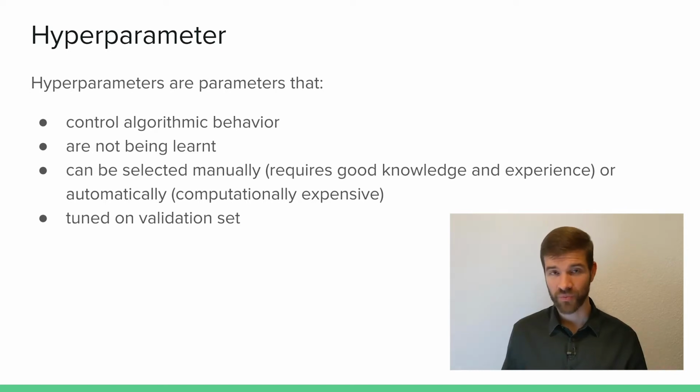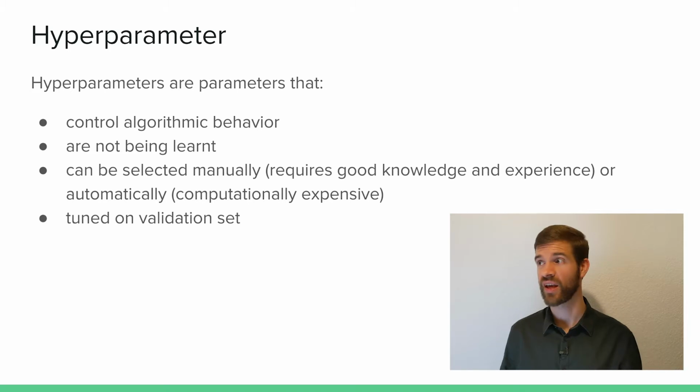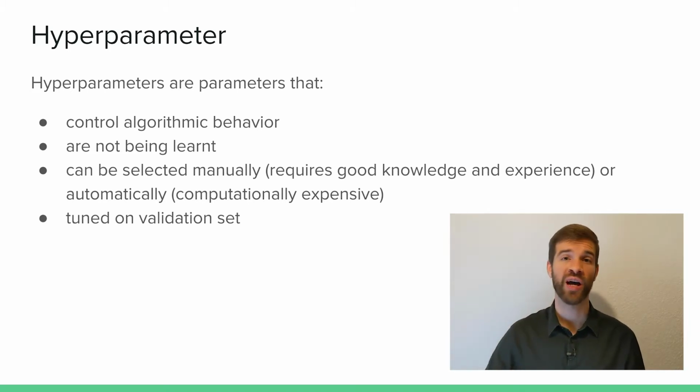And basically, we can either select them manually by just saying, okay, I want to have 3 layers, which, if we want to perform such a decision, we need some knowledge and experience so we can make an educated decision here. Or if we automatically want to determine the best value for this hyperparameter, it becomes computationally expensive.